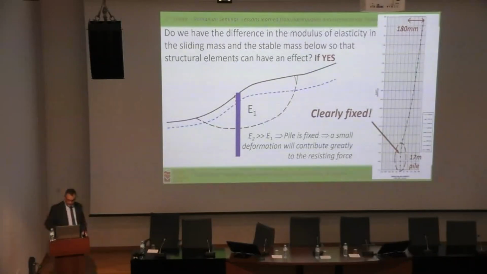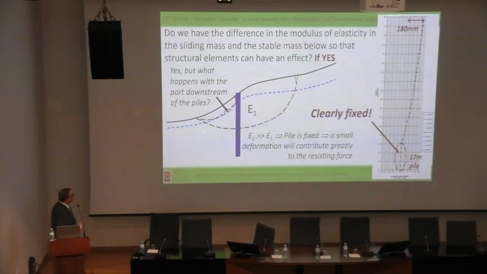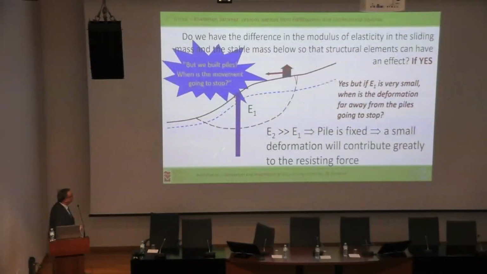A fair question is always, what is going to happen to the part of the landslide below, downhill of my pile wall? Plus, what happens if the modulus of elasticity of my sliding mass is very, very small? And it's that usual question, okay, I have placed my piles.